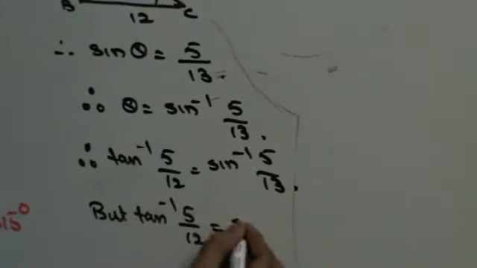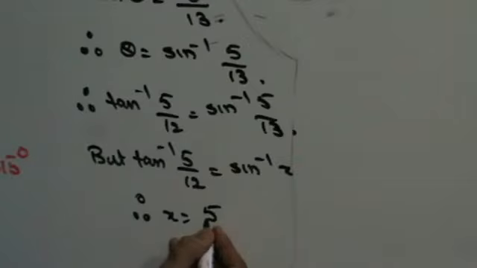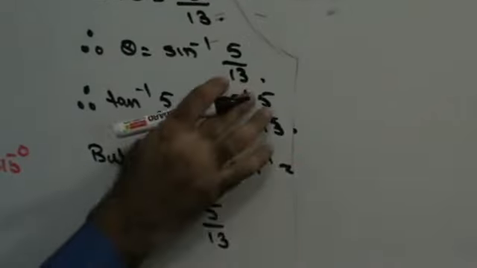But they have given that tan inverse of 5 by 12 is sine inverse of x. Therefore, comparing the two equations, x is equal to 5 by 13. Right? Do we understand how we do multiple inverse functions?